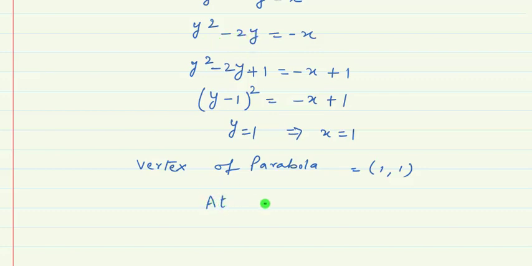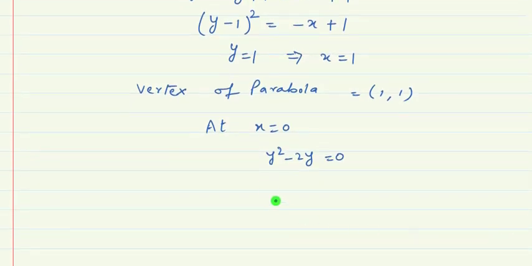At x is equal to 0, we are getting y square minus 2y is equal to 0, which gives us two values of y. One is y is equal to 0 and the other is y is equal to 2, because after taking y common from here, let me write it for you, y minus 2 is equal to 0. So clearly we are having two values of y when we are putting x is equal to 0.